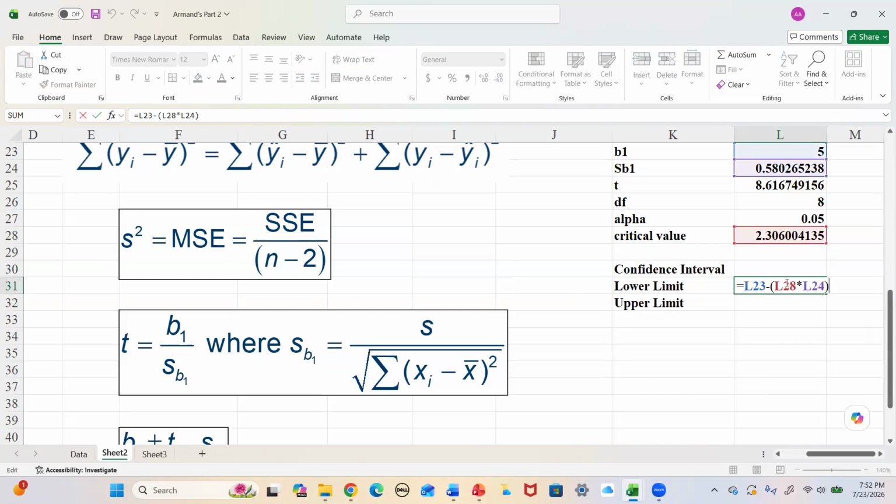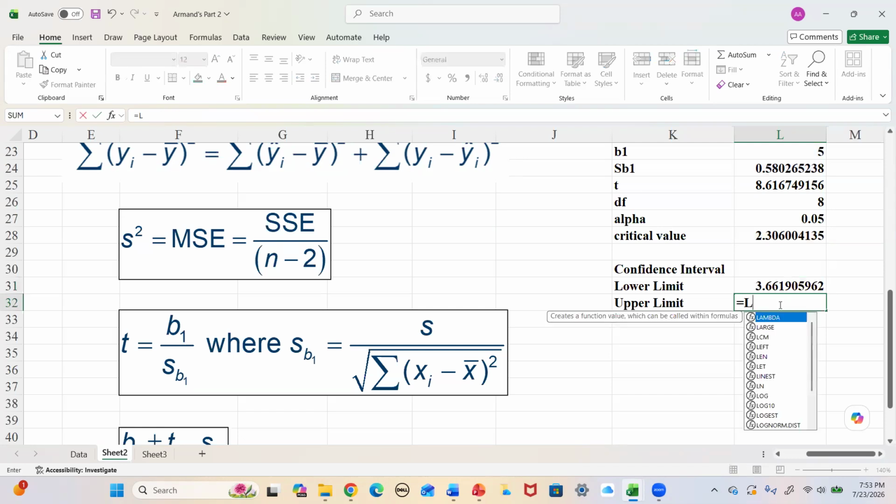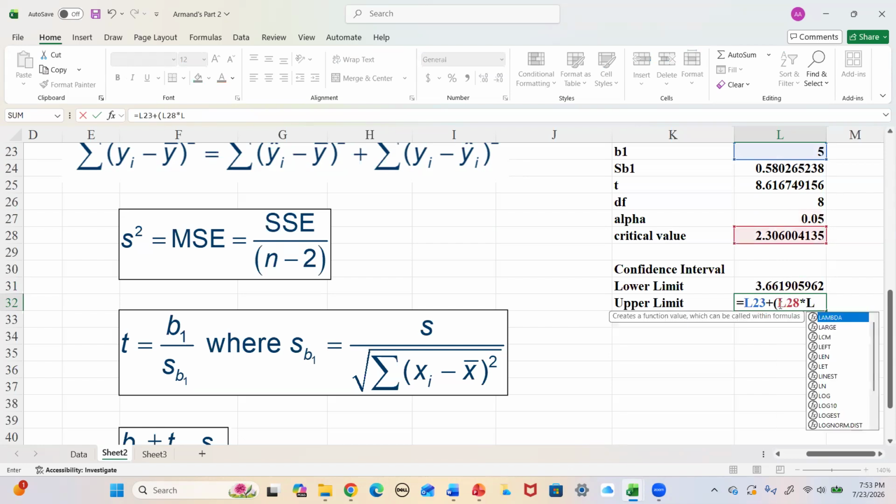There we go. It was L23, which is B1, minus, so here we've got the critical value, L28, times SB1. And this one will be the same thing, only plus. L23 plus L28 times L24.